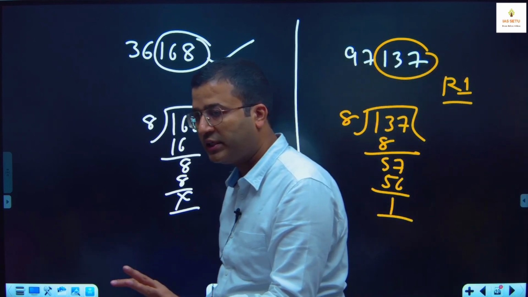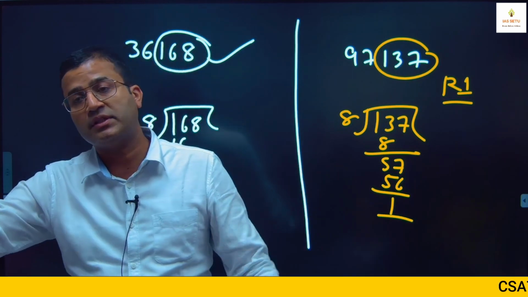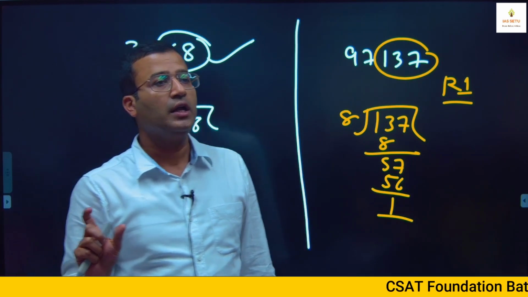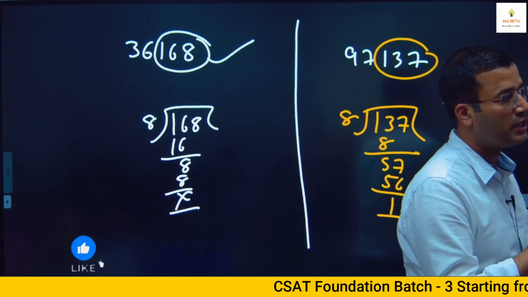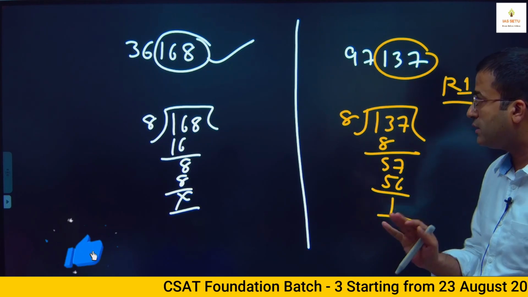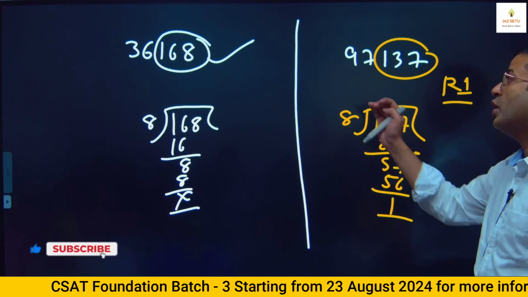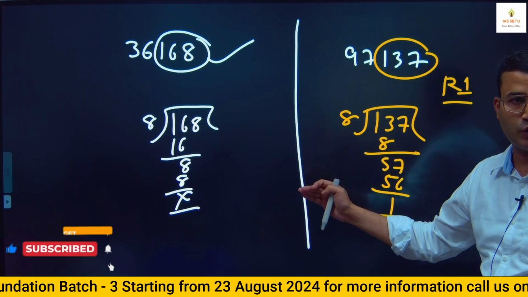Here last 3 digits, if it is a 10 digit number, still you check the last 3 digits. Here only the last 3 digits are sufficient. I ask you 3 questions. Take time. You have to check divisibility. If yes, okay.